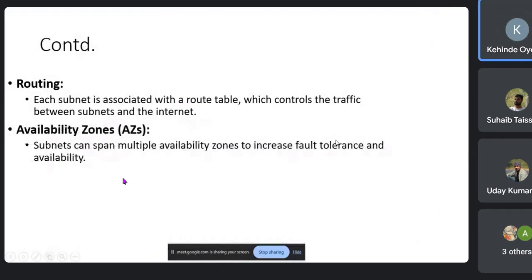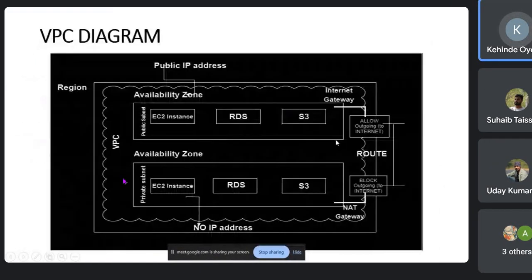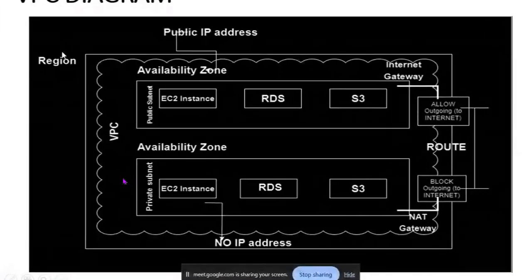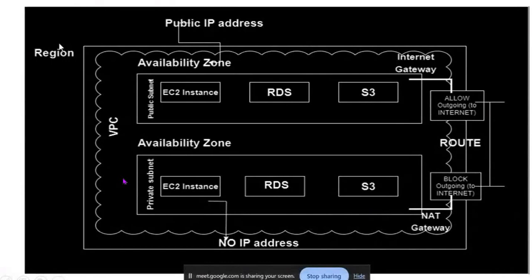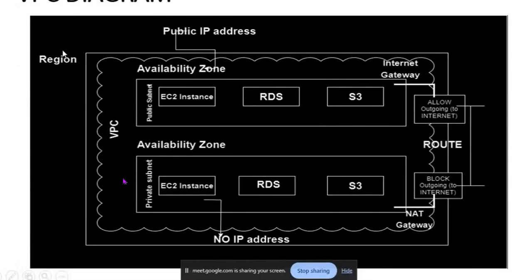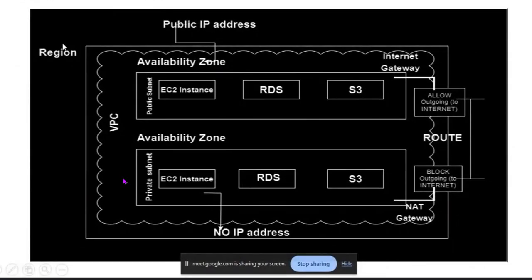Okay, then this is the diagram ready for explanation. So here we have a region, and in that region you have to specify where you want to have your availability zone, where you want to deploy maybe your application for people to access.